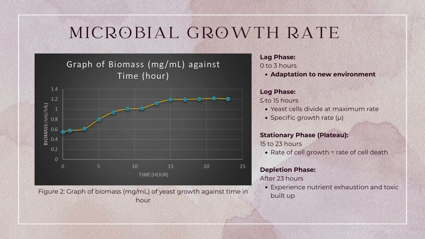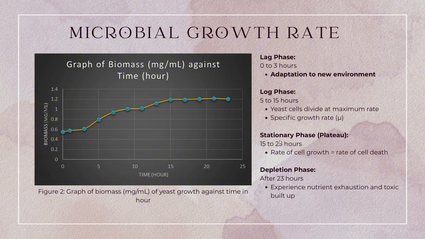The next phase is known as the log phase, at 5 to 15 hours. This is also known as the exponential phase. In this phase, the yeast cells, Saccharomyces cerevisiae, divide at the maximum rate. We can obtain the specific growth rate by converting this phase into the ln biomass graph later.